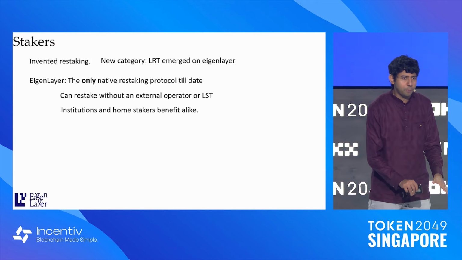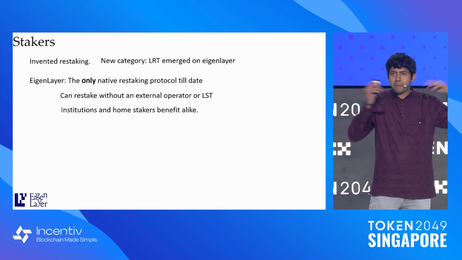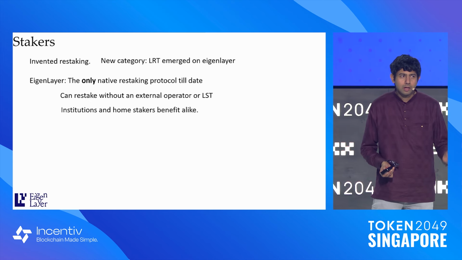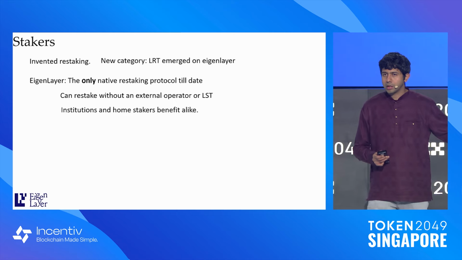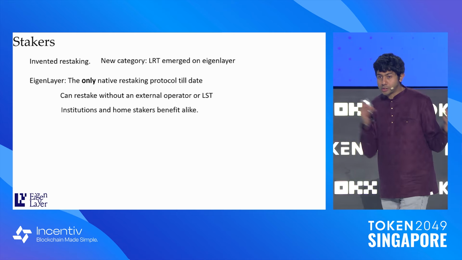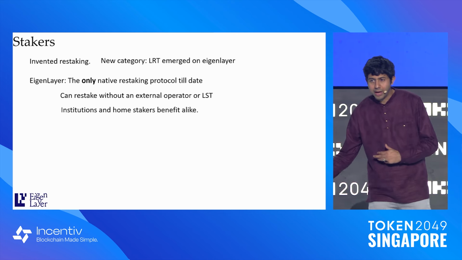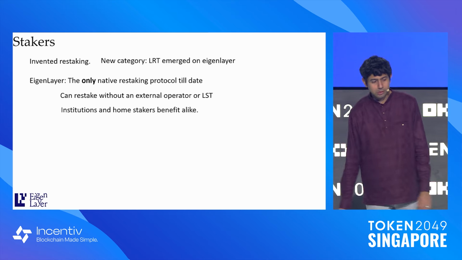You stake in a core protocol like Ethereum, and then you can also restake, which means participating in all these other services without having to trust an external operator or a liquid staking protocol. You can just do it yourself. This means both institutions and home stakers alike can participate in the EigenLayer economy, unlike other systems.